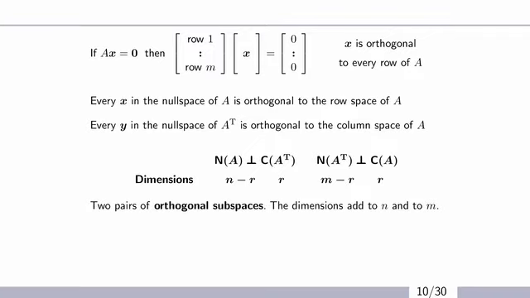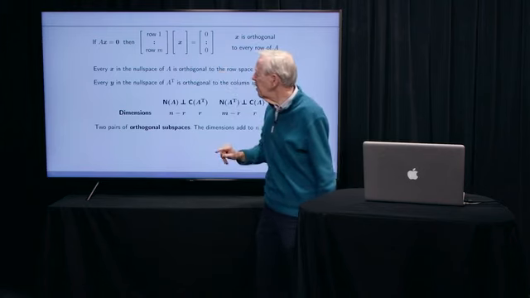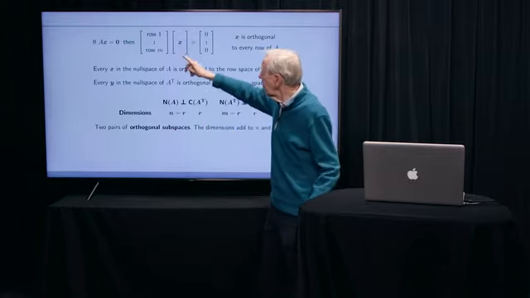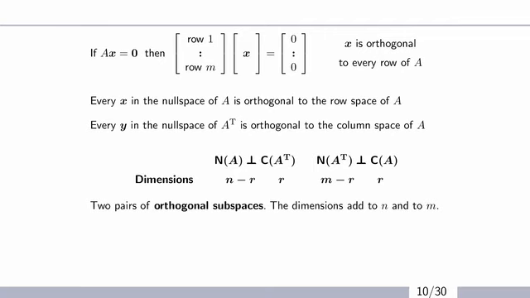Having a 0 there is telling me in geometry that that row is perpendicular, orthogonal, to that column. If a row dot product with a column gives me a 0, then in n-dimensional space, that row is perpendicular, 90-degree angle, to that column x.